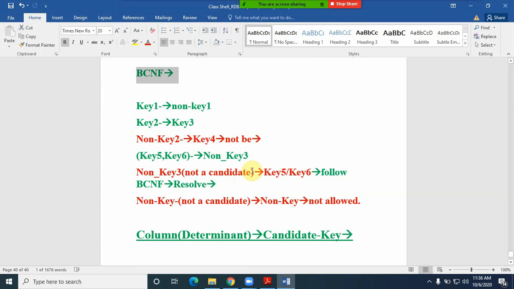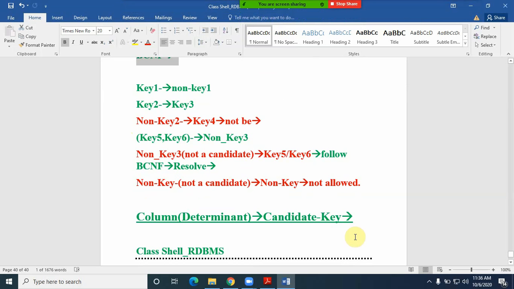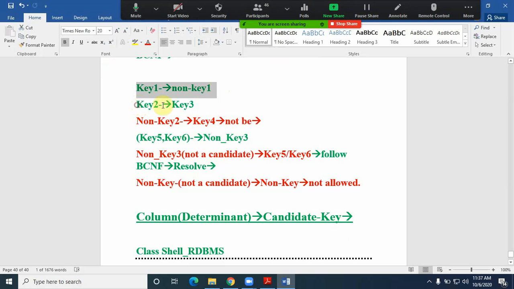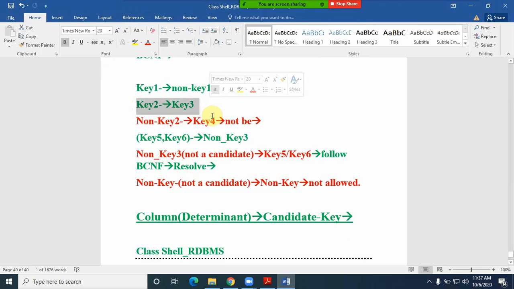Boyce-Codd normal form, we have also seen, says every determinant must be a candidate key. So according to Boyce-Codd normal form, there are certain combinations, friends. A key can generate the non-key, and a key can generate another key also. That is possible.